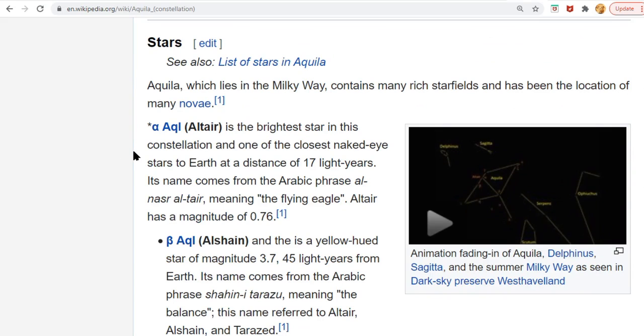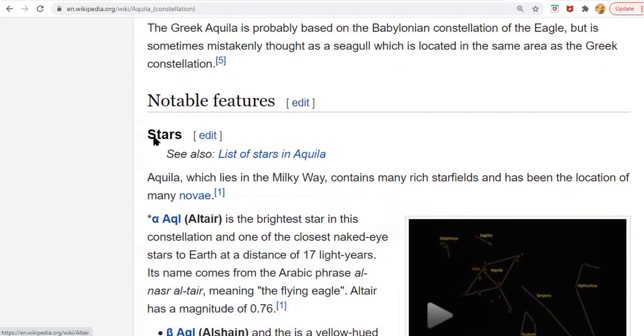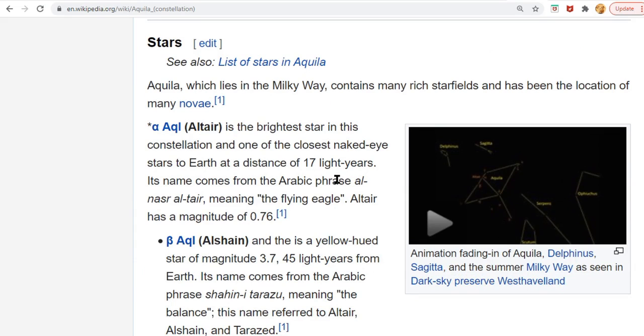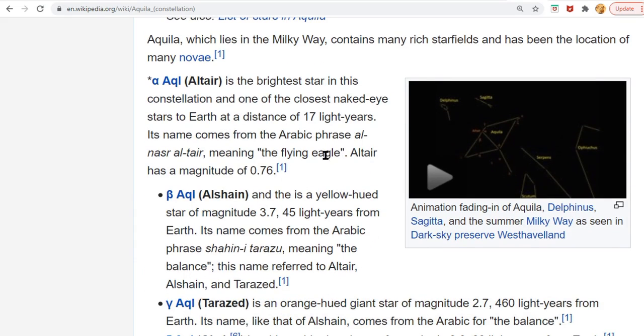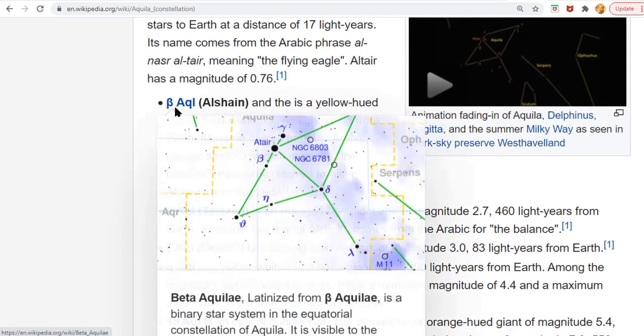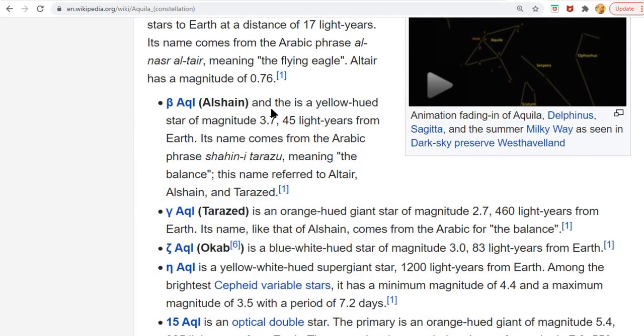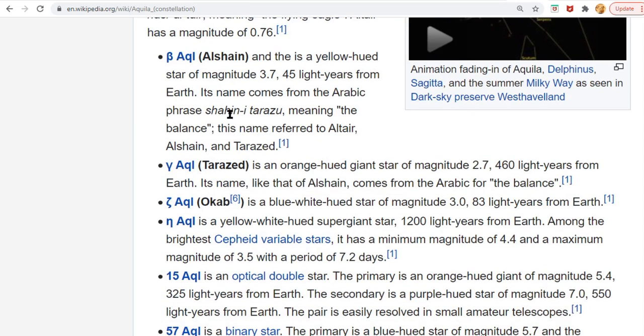And so these 3 brightest stars of Aquila, the brightest one comes from the name of the flying eagle, and then the next 2, the Beta Gamma, the names come from the Shan E Tarzu, meaning the balance, El Shan and Tarzid, and so these are the 2 plates of balance.